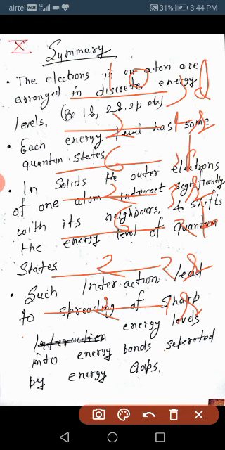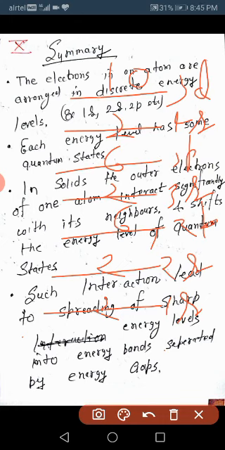These are the quantum states at the same energy level, and according to Pauli's exclusion principle, any quantum state can have only one electron or it can be empty. Electrons occupy these quantum states starting from the lowest energy level, then go into the next energy level, and this is how electrons fill all those quantum states.